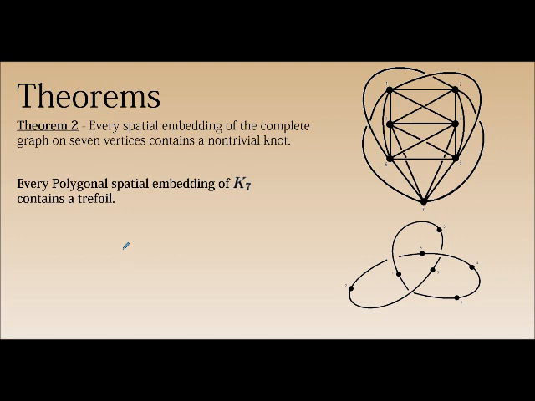We could turn all these edges into straight line segments, and we would be just fine. We wouldn't be breaking down any part of the spatial embedding at all. But anytime you have a polygonal spatial embedding of K7, it actually contains a trefoil knot, and that's a pretty big statement right there.